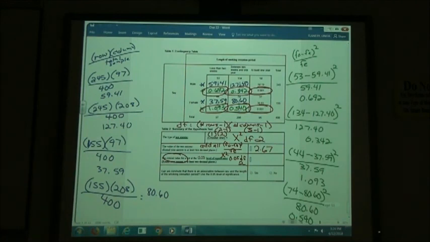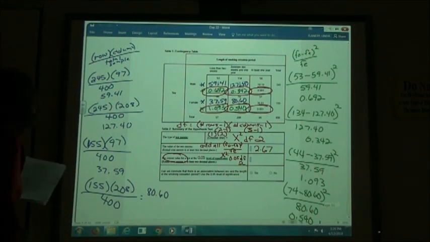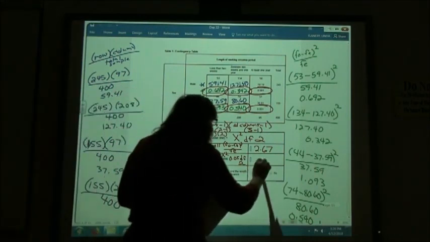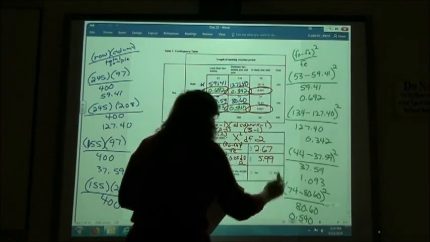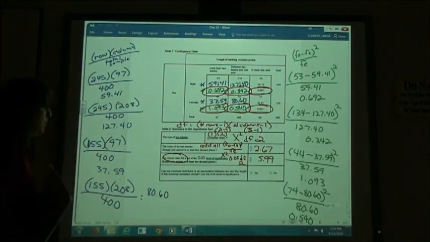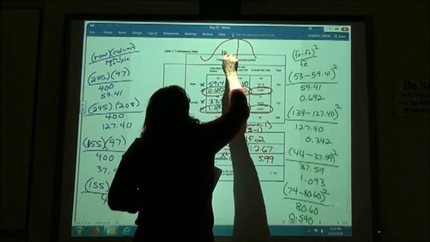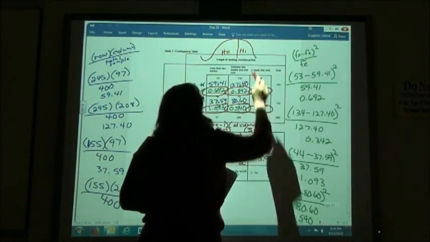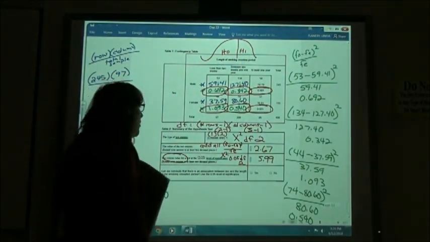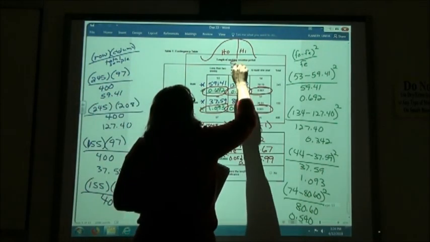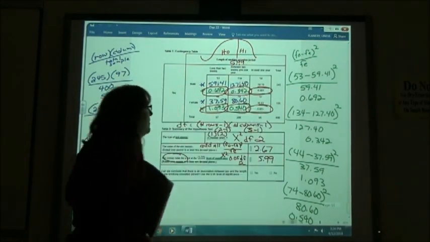Chi-squared sub 0.05 with 2 degrees of freedom gives us 5.99 for our critical value. So again, H0 is here, H1 is here. Our critical value is 5.99.